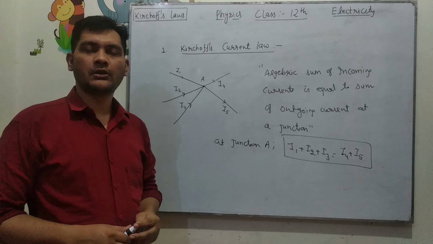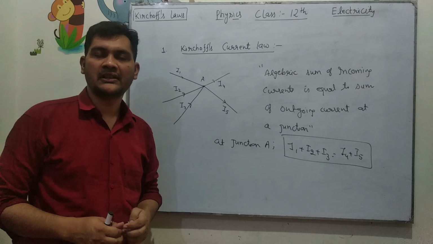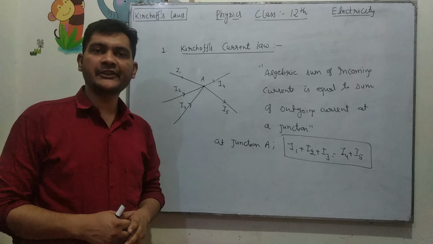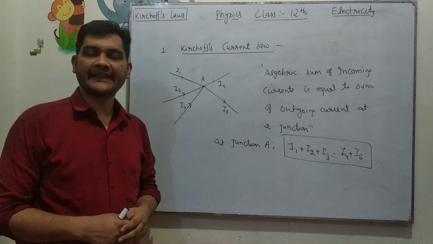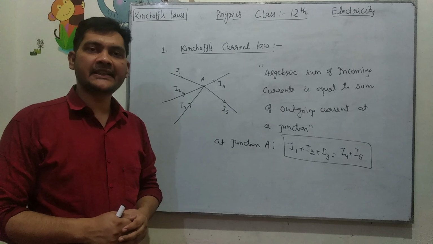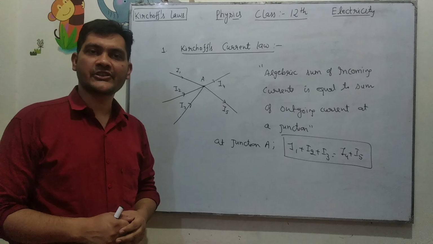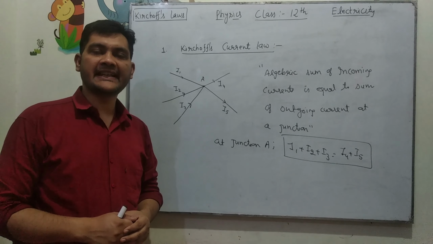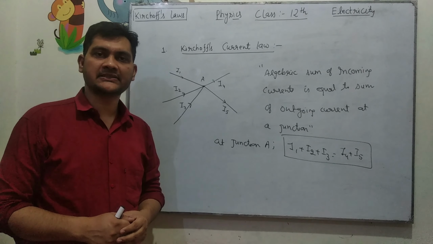According to this law, if we have a junction at which more than two wires are joined, then the algebraic sum of incoming currents at that junction is always equal to the algebraic sum of outgoing currents.